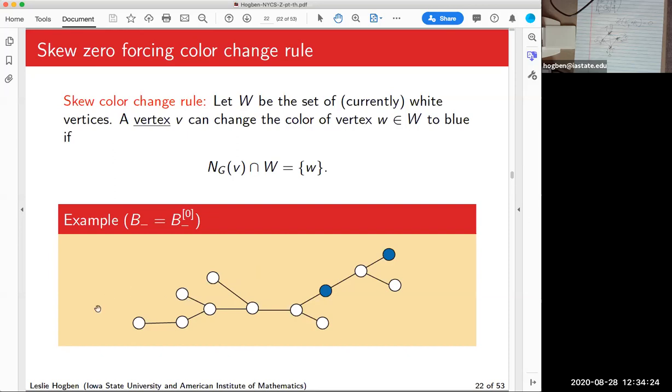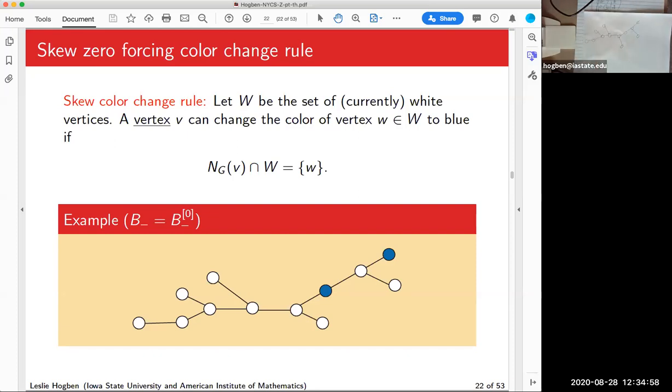So these 3 on the left, they would get forced. Right. So the rule says that any vertex can change the color of a white vertex if it's the only white neighbor, right? So after you put all those blue vertices in, these white guys that would remain would be the only white neighbors of some vertices. So in another round, they'd all be blue, right?